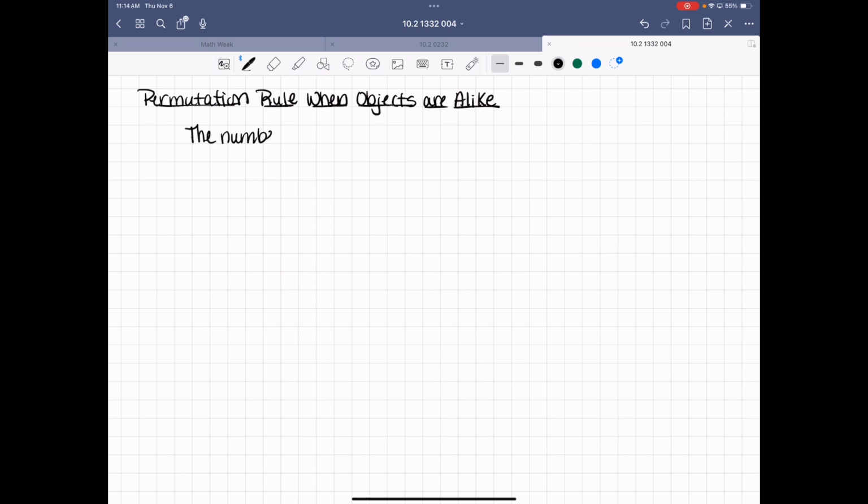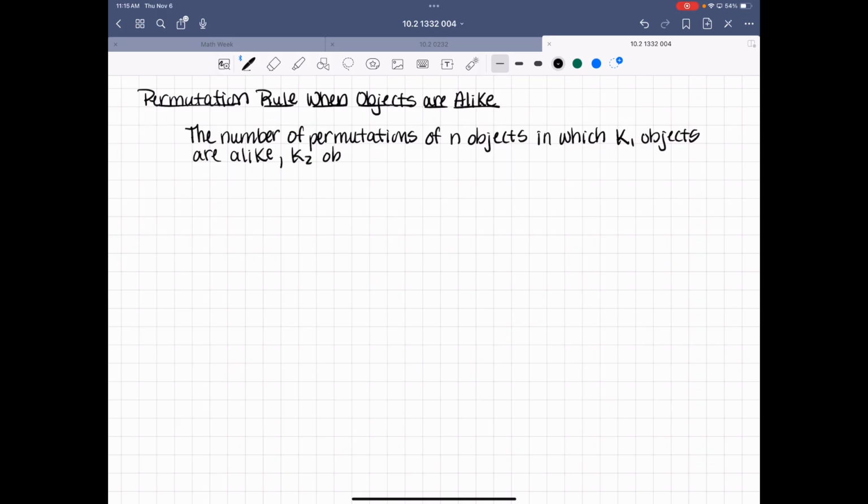The number of permutations of n objects in which k1 objects are alike, k2 objects are alike, etc., is n factorial over k1 factorial, k2 factorial, and so forth, all the way to kp factorial.